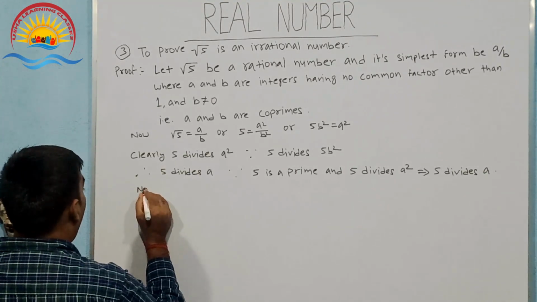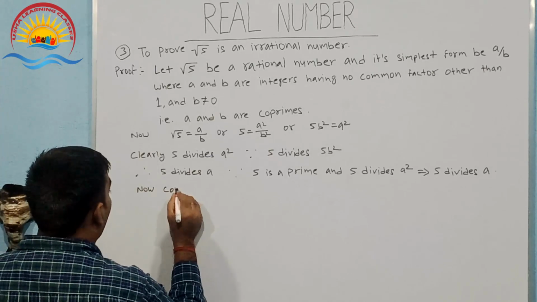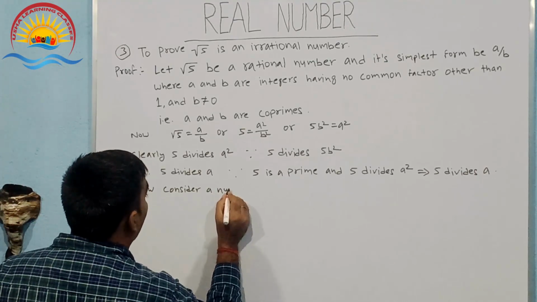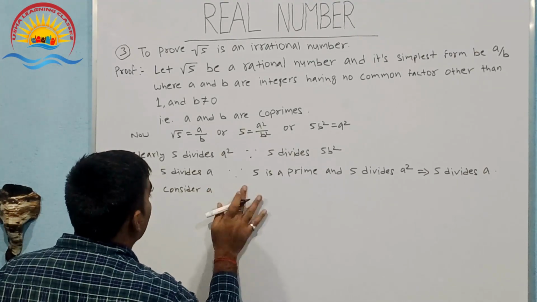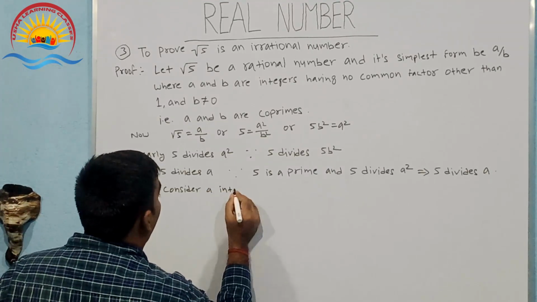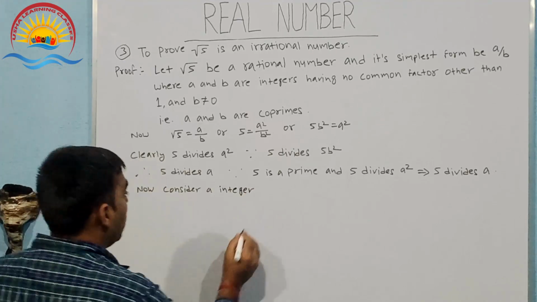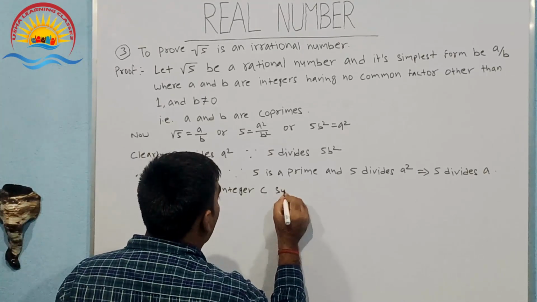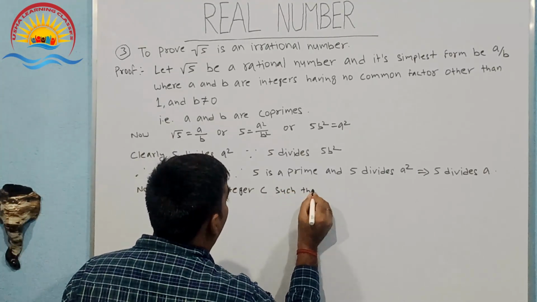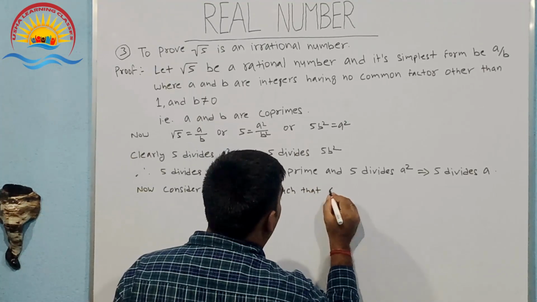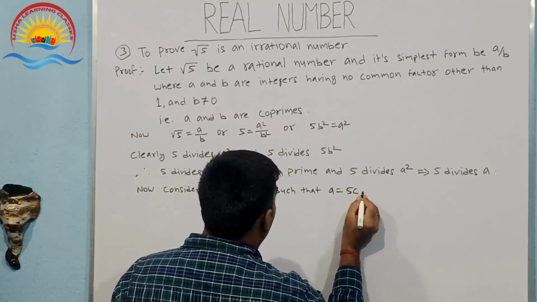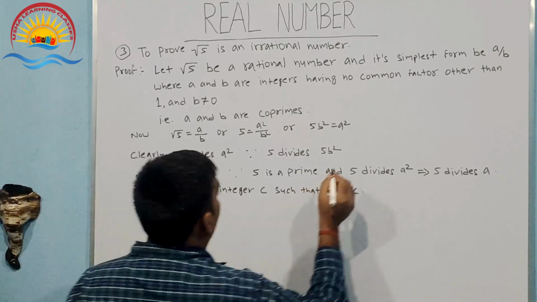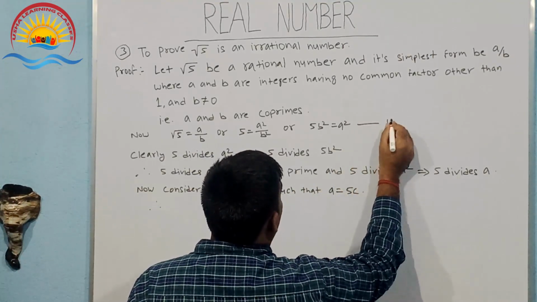Now consider an integer c such that a equals 5c. This is equation 1.